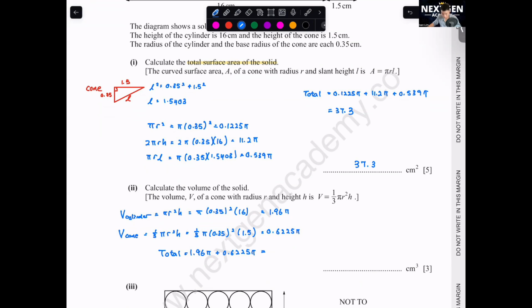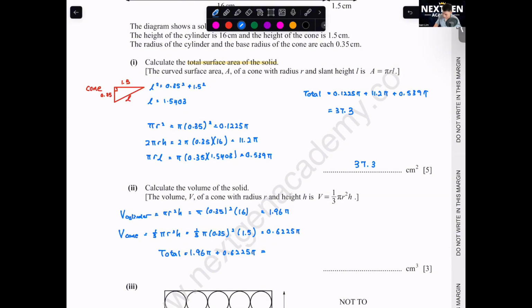Wait, hold on a minute. 1.96 plus. Okay, I calculated something wrong. 0.35 square times 16, 1.96. 0.35 square times 1.5 divided by 3.